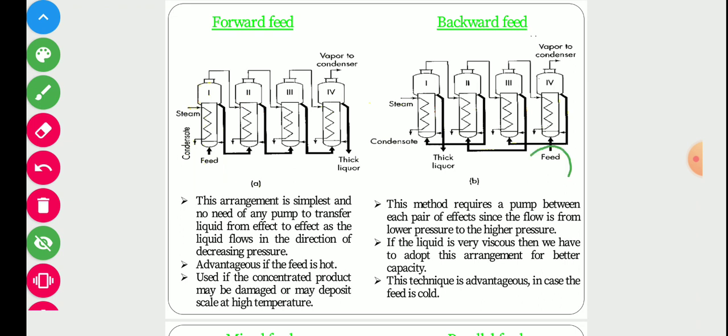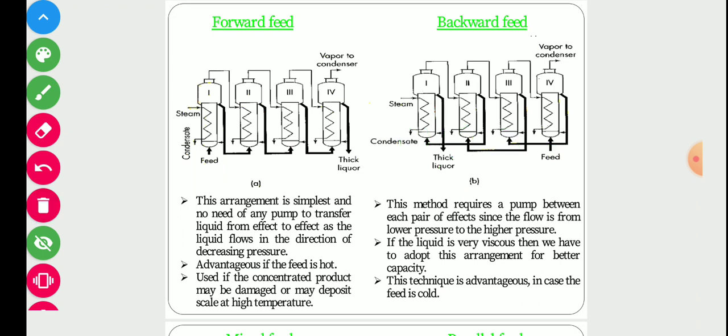There it is partially vaporized, and the concentrated solution is fed to the third unit, where again it gets more concentrated and goes to the second unit, and then finally the first unit, and at the end we get thick liquor from the first unit. So this is backward movement.